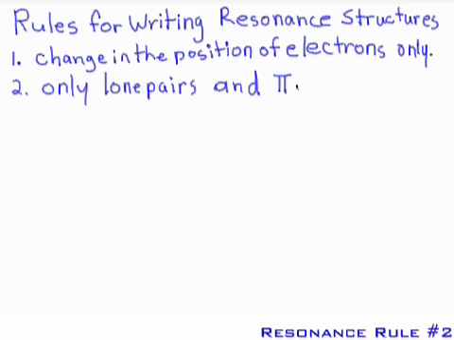Pi electrons are those in the multiple bond. So only lone pairs and pi electrons, or pairs of electrons in the pi bond, can move. Okay. Sigma bonds never shift.